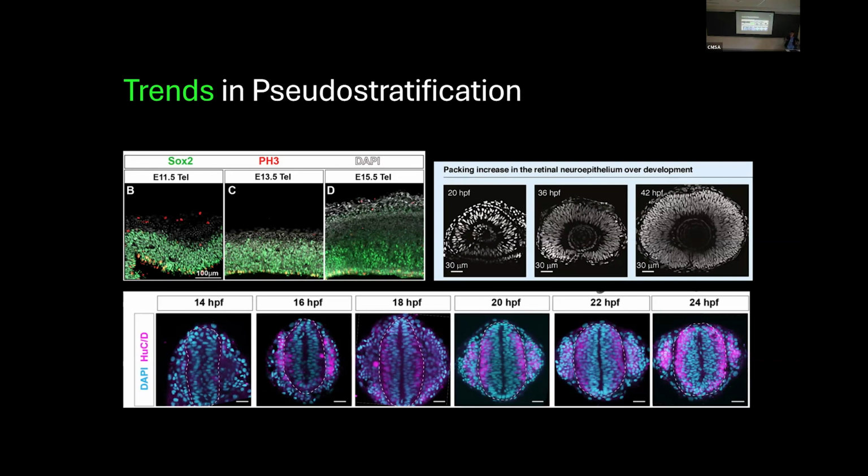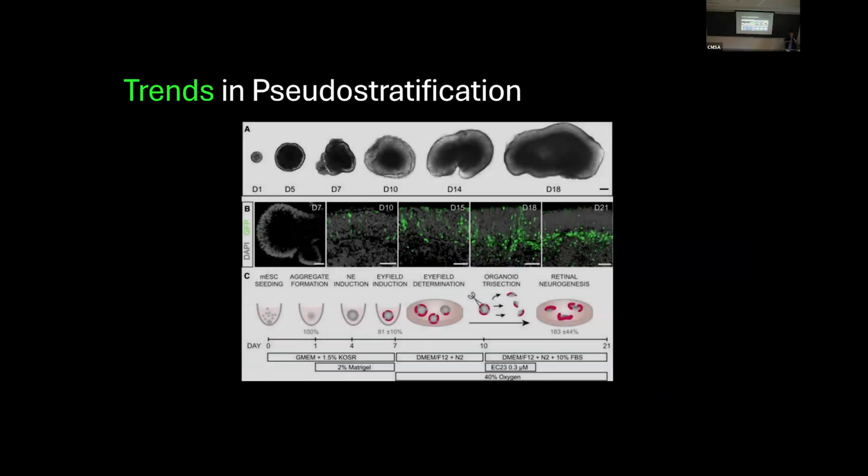The occurrence of neurogenic fate is correlated, from past studies, with higher nuclear packing and higher complexity of pseudostratification. So we are curious whether nuclear compression plays any active role in neurogenic fate, and we're trying to dissect the contribution of growth factors versus morphogens and nuclear compression.